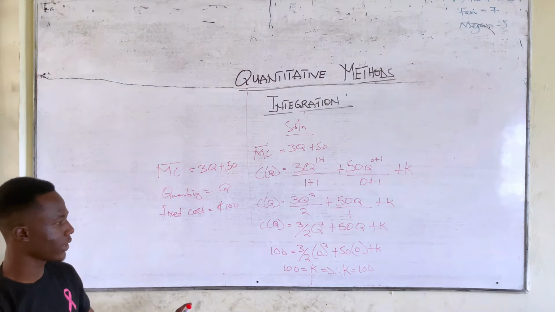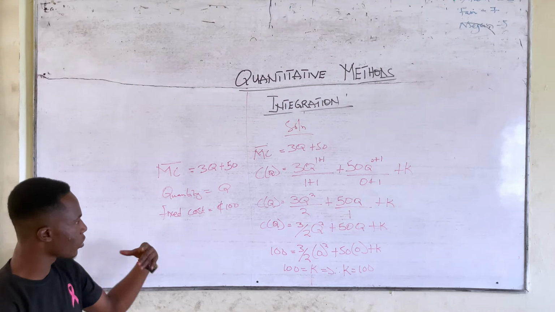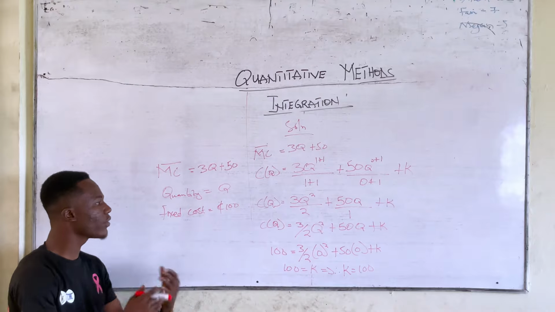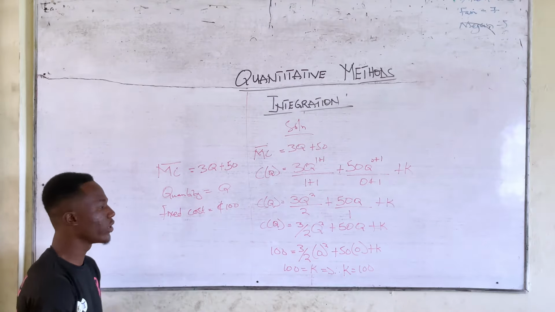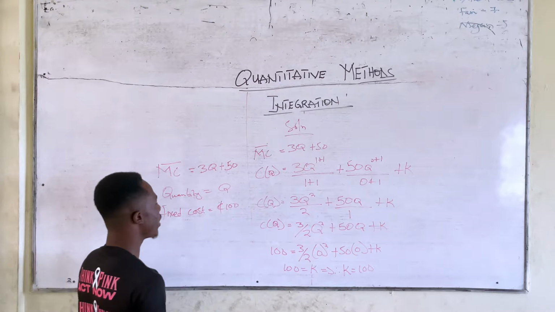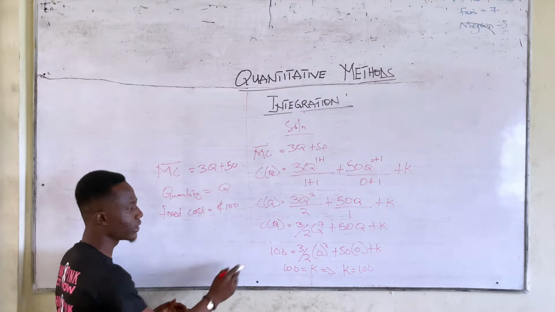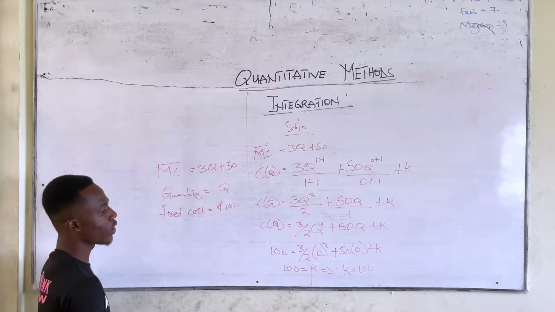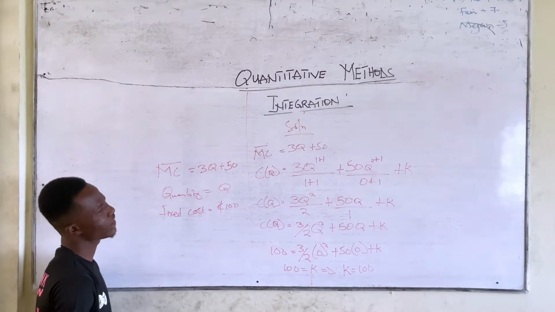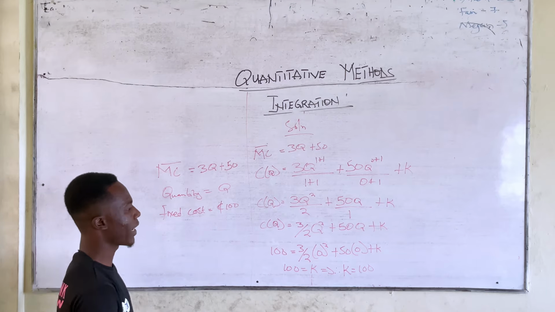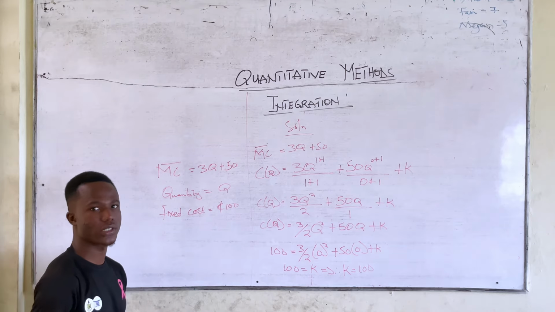I hope you are okay with it. Yes. So that is why I said, from the question, if they give you fixed cost or total revenue, and they give you the quantity, you substitute. If they give you fixed cost without the quantity, it means the quantity is 0. It doesn't normally happen whereby they will give you the quantity without the cost. Do you get it?